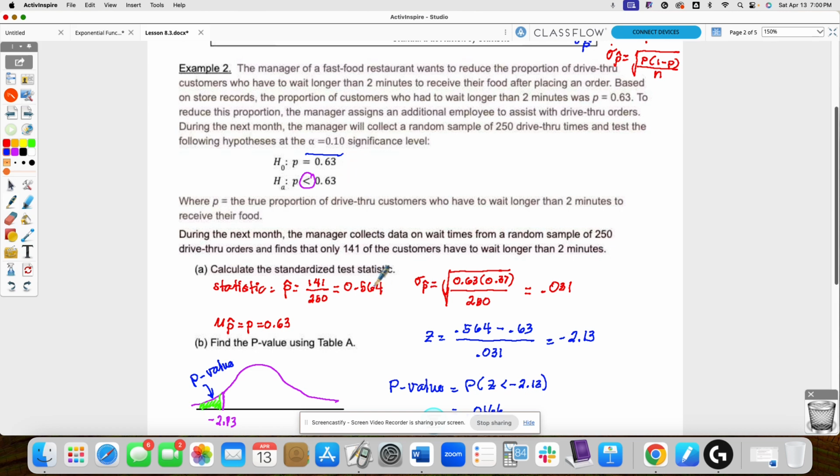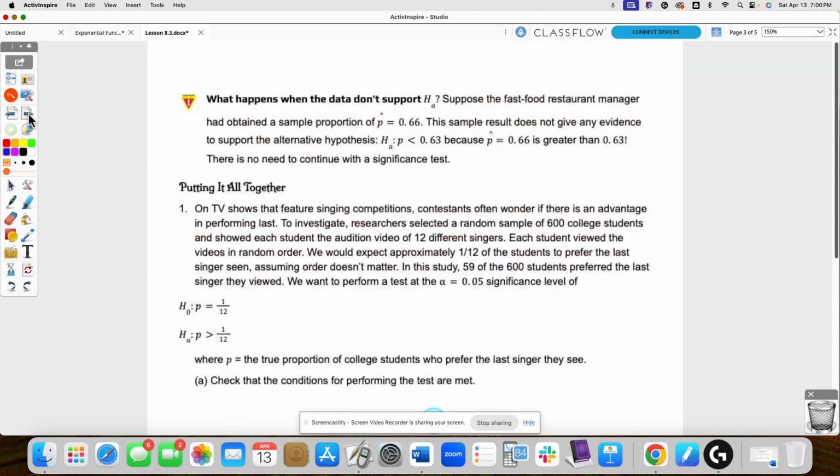Okay, so your statistic supports your alternative hypothesis. 0.564 is less than 0.63. So we can proceed with calculating the significance test, okay?